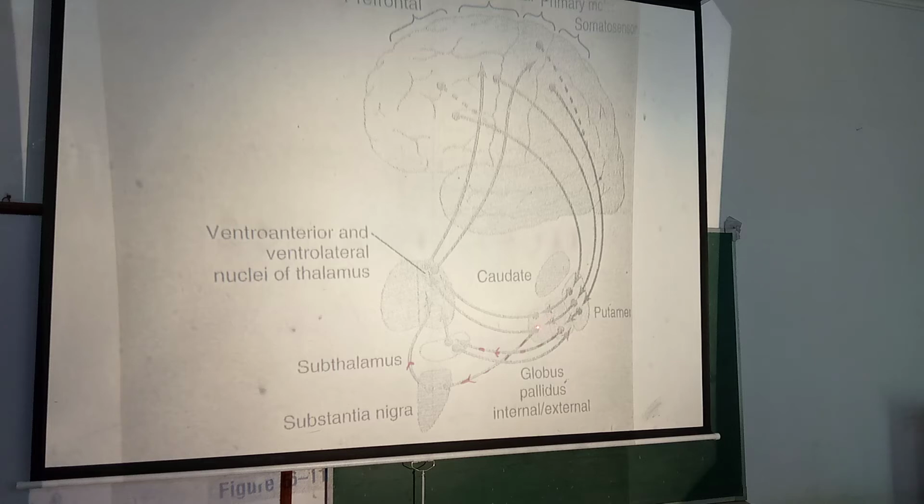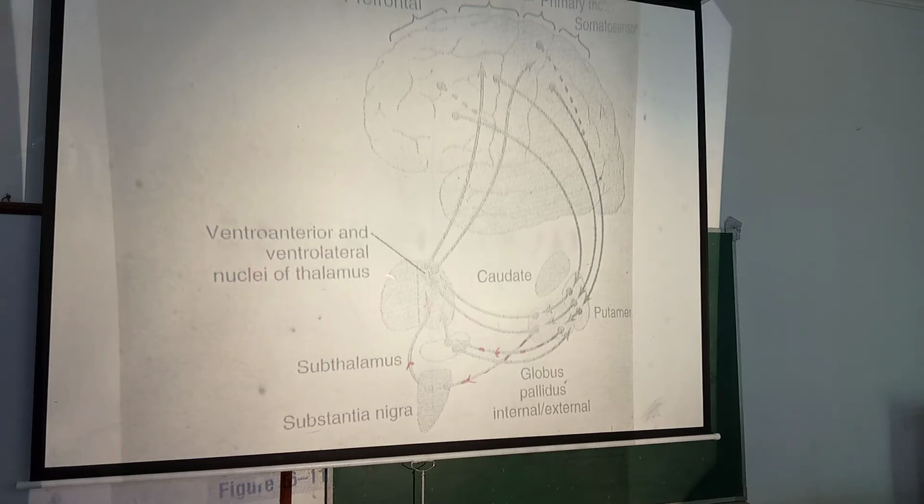From globus pallidus, nerve fibers arise, and these go to the ventro-anterior and ventro-lateral nuclei of thalamus.